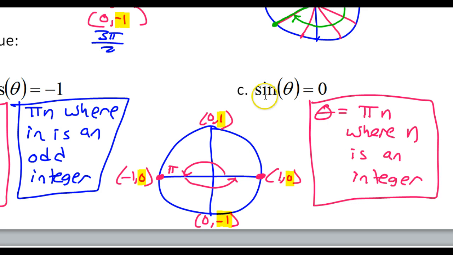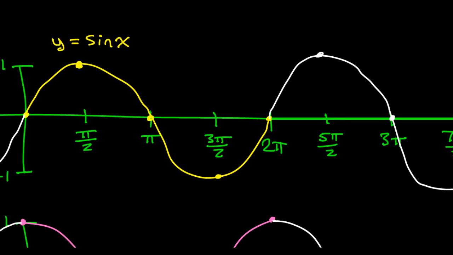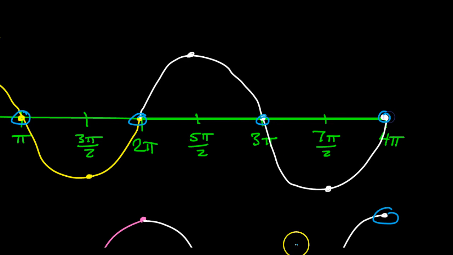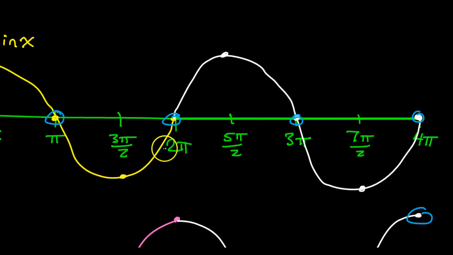And one more time, looking at it graphically, where is the sine function equal to 0? Well, here's my sine function, and it's equal to 0 here at 0, and then pi, and then 2 pi, and then 3 pi, and then 4 pi. So 0, 1, 2, 3, 4. It's hitting every single multiple of pi.